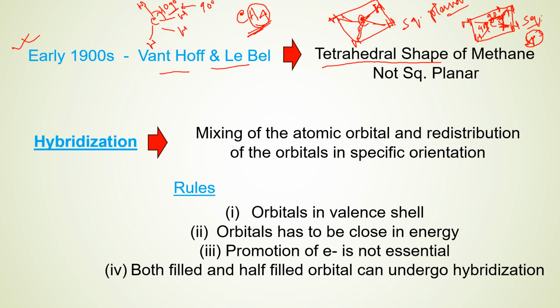That's why CH4, with sp3 hybridization of the carbon atom, attains tetrahedral geometry rather than square planar geometry.